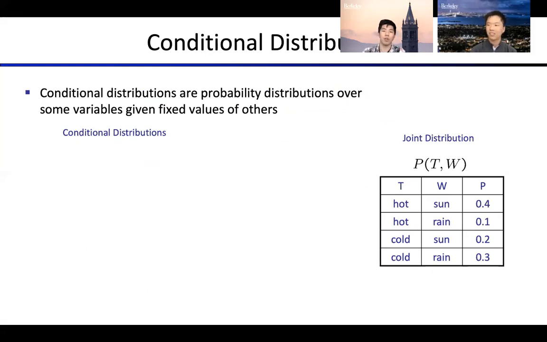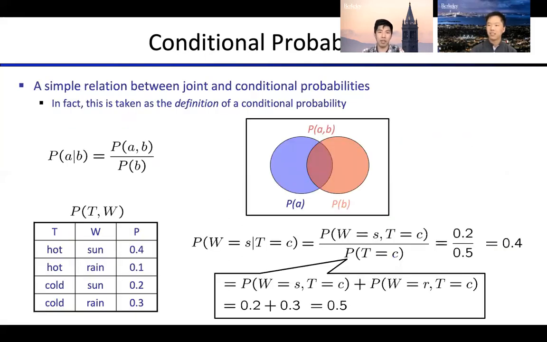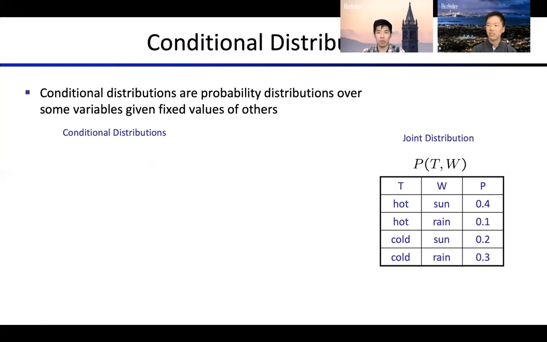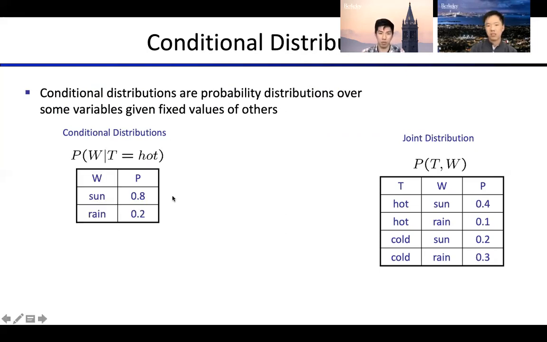Since we know how to calculate conditional probabilities, conditional distributions are just a table filled with conditional probabilities. For example, if we were to calculate this row, we would follow the procedure of calculating P(W = S given T = H), which was introduced in the previous slide.